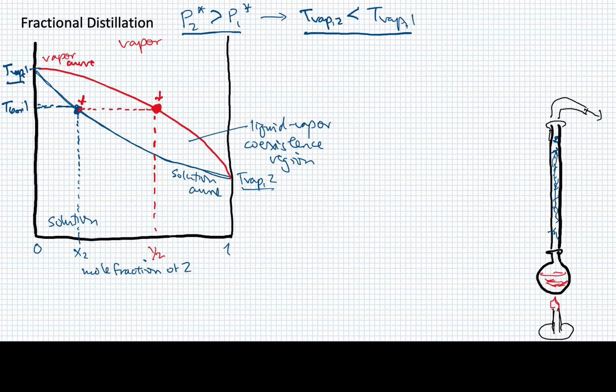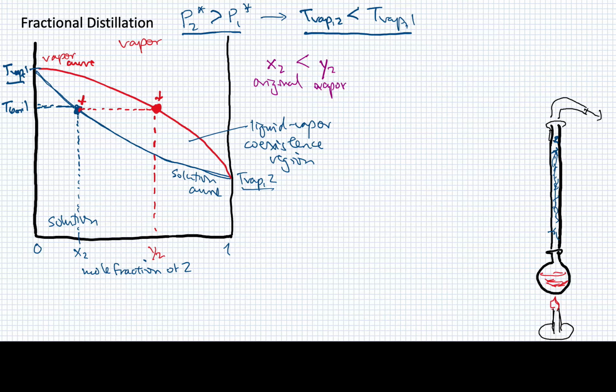So I want to write over here on the right hand side that our original mixture had composition X2, so this is original, and that's in the solution phase. When we boiled it and put stuff in the vapor, that was less than Y2, which is the mole fraction of the same component in the vapor phase.